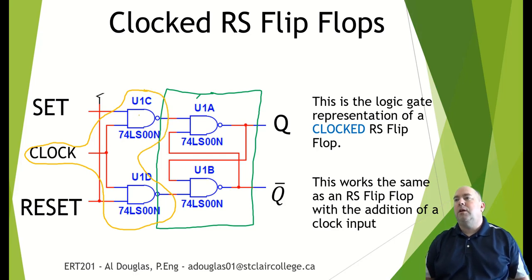Now what the clock does, this prevents any changes from happening until we actually fire this clock pulse from off to on. Okay, so it's on this transition of the clock pulse.